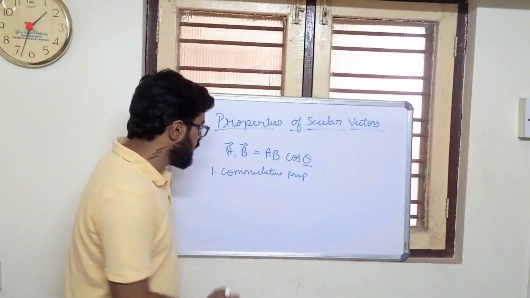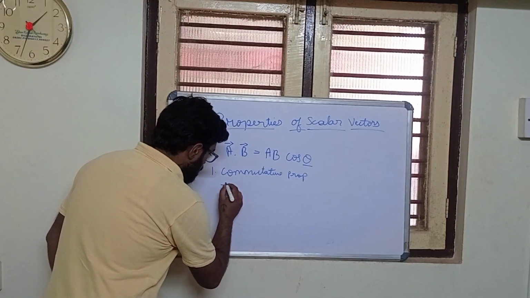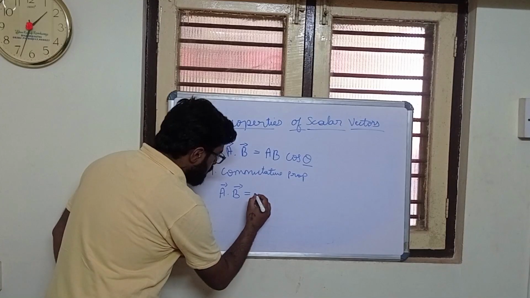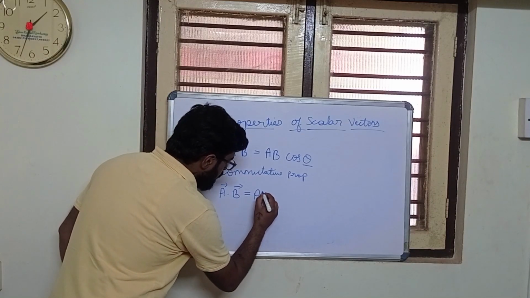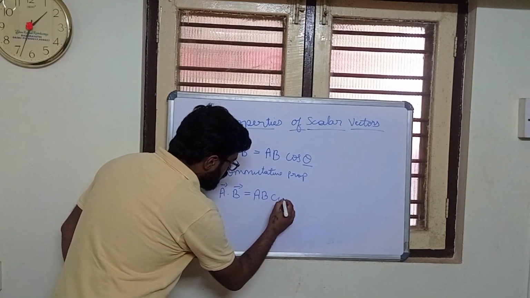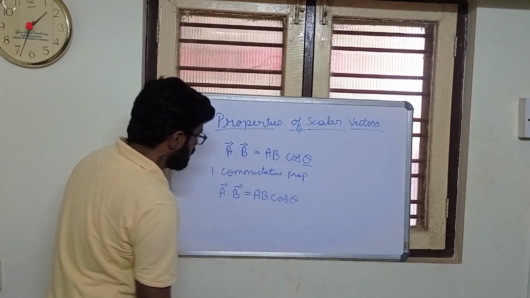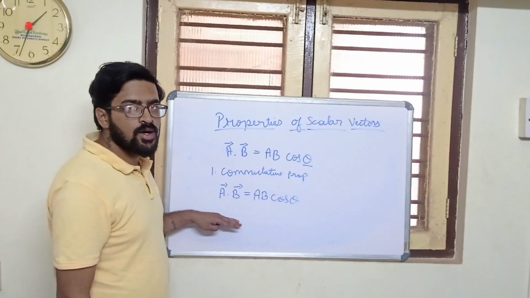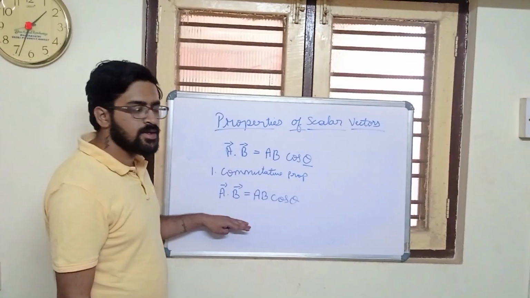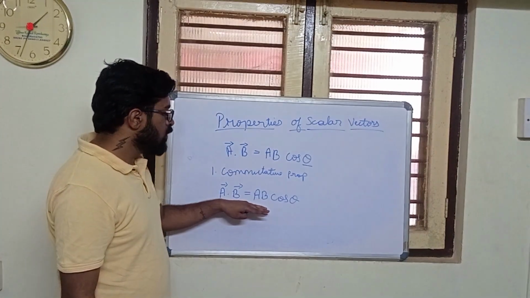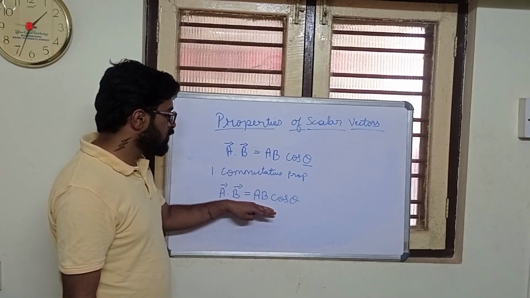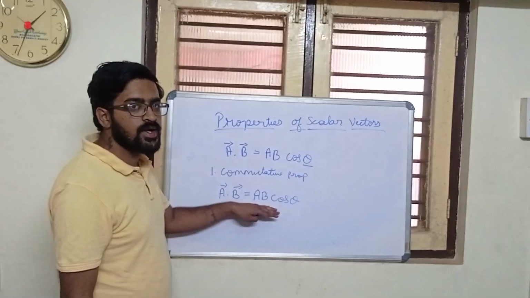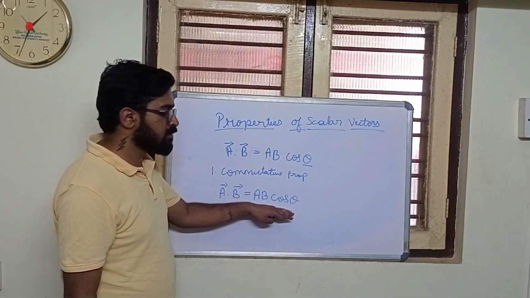If I have a vector A and a vector B, the dot product of the two vectors, vector A dot vector B, is equal to the magnitude of vector A and the magnitude of vector B and cos of theta.